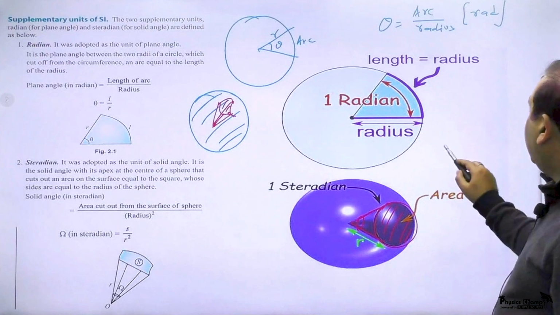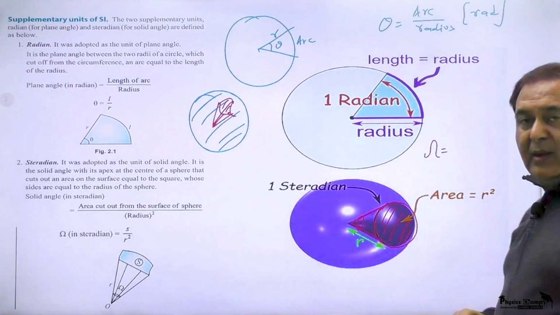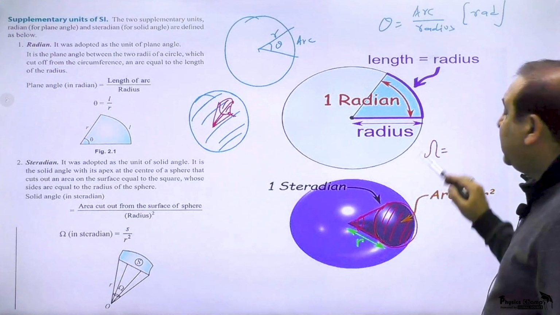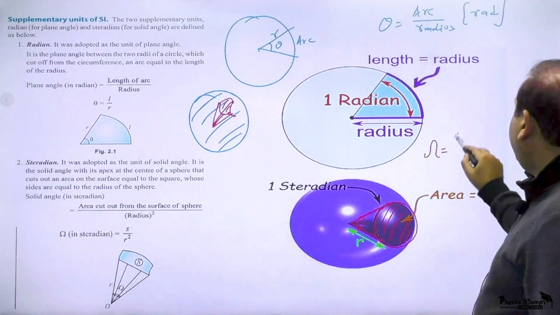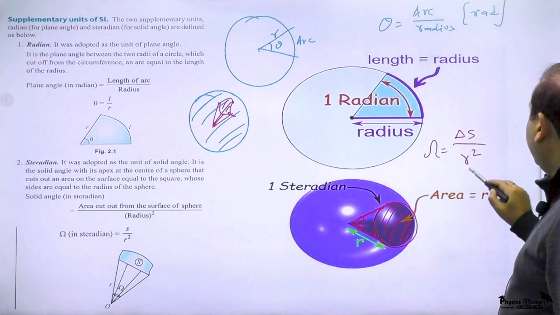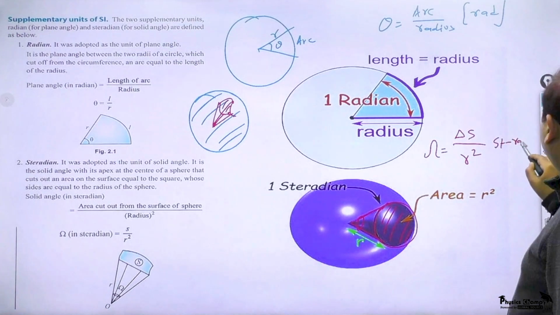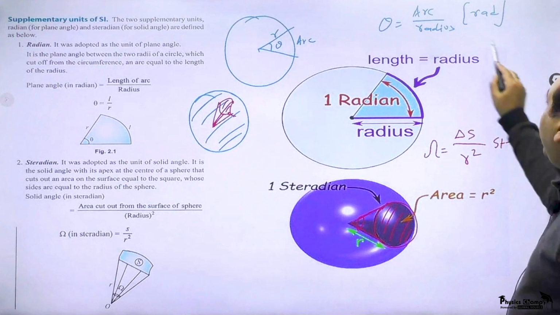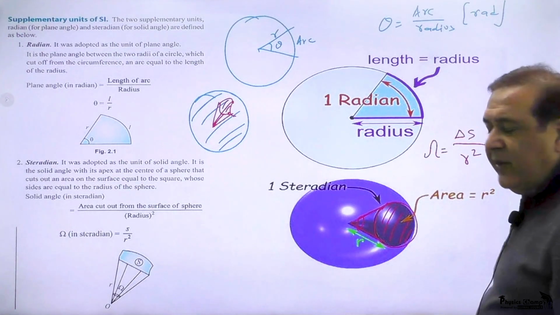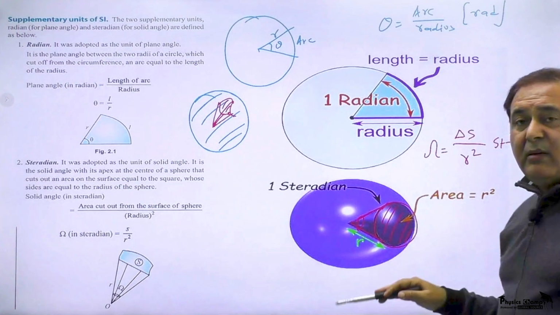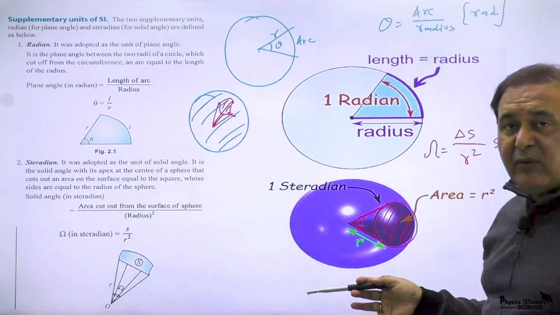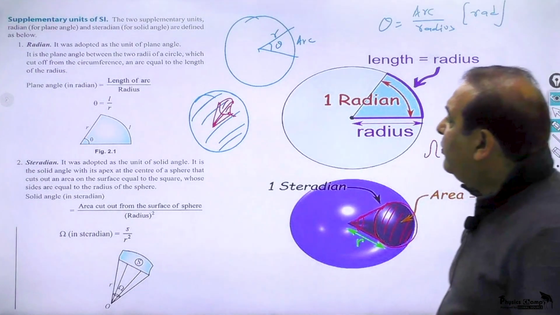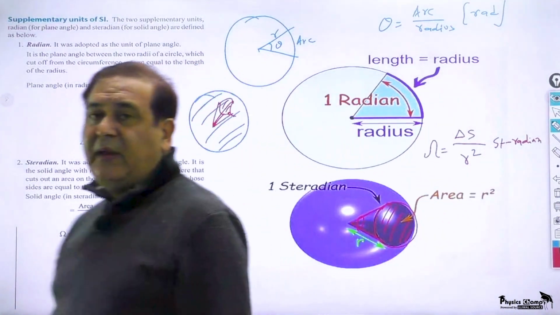Solid angle is represented by omega, like plane angle is represented by theta, and it is area divided by r square, and its unit is steradian. So radian is the unit of plane angle, and when it's a solid angle described by an area on the surface of a spherical body, then its unit is steradian. That's how we use 2 supplementary units in the SI system.